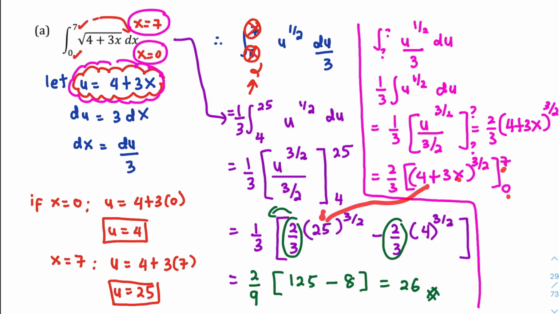Basically, you get back this. If you substitute 0, 3 times 0 gives 0, and 4 plus 0 gives 4. So you get the same answer.